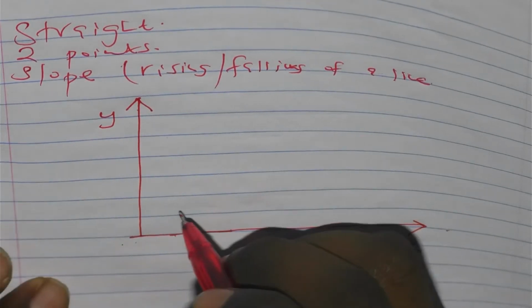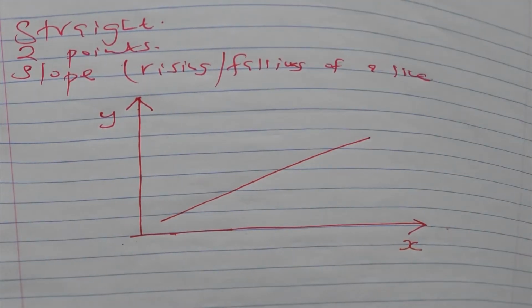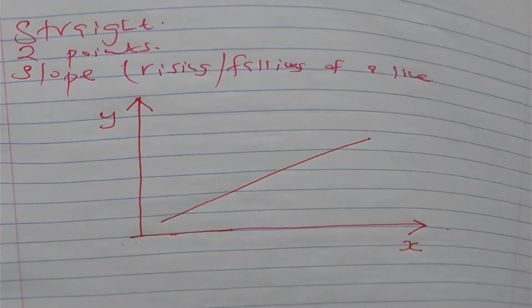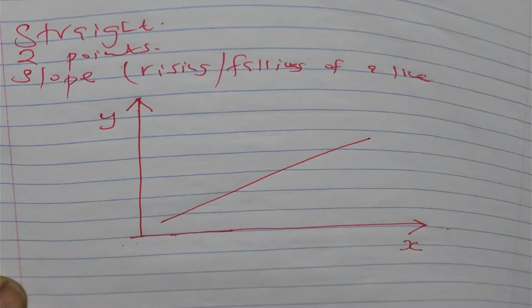So let's draw an arbitrary line here. We have a line here, and this line is straight at first. That's the first thing, okay?